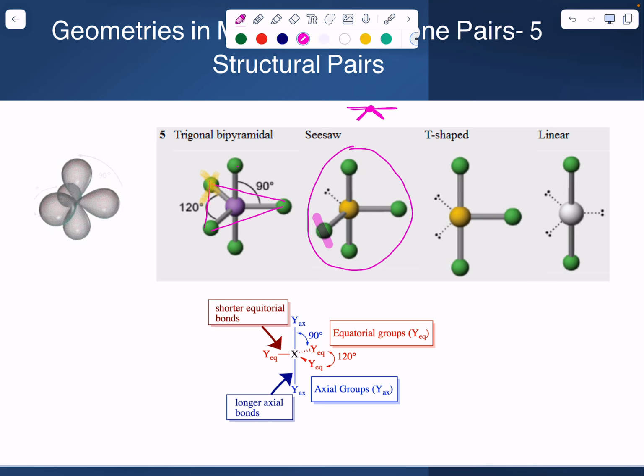So the names that we give to them tell us whether they're in plane with the central atom or not, okay? So things that are in plane with the central atom, these are called the equatorial groups. So they can be atoms or groups, okay?